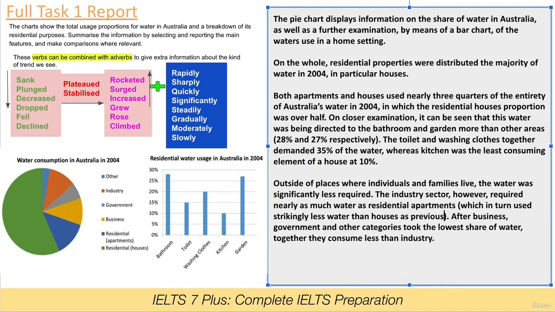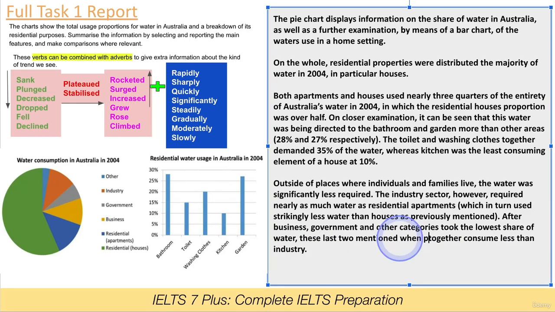As previously mentioned, after business, government and other categories took the lowest share of water. When put together, they consume less than industry.